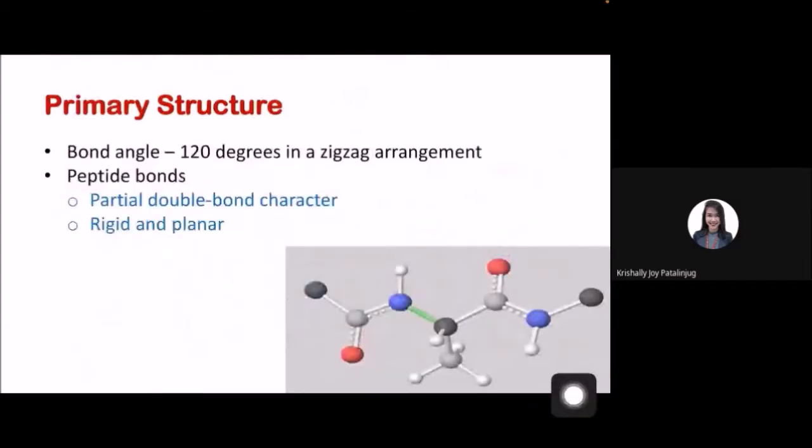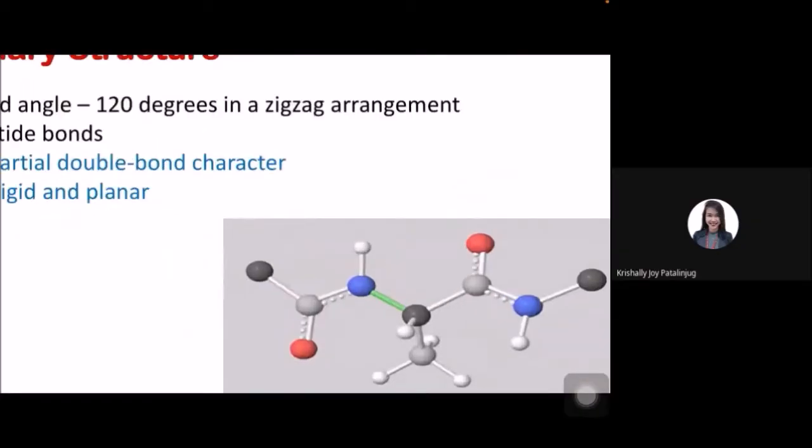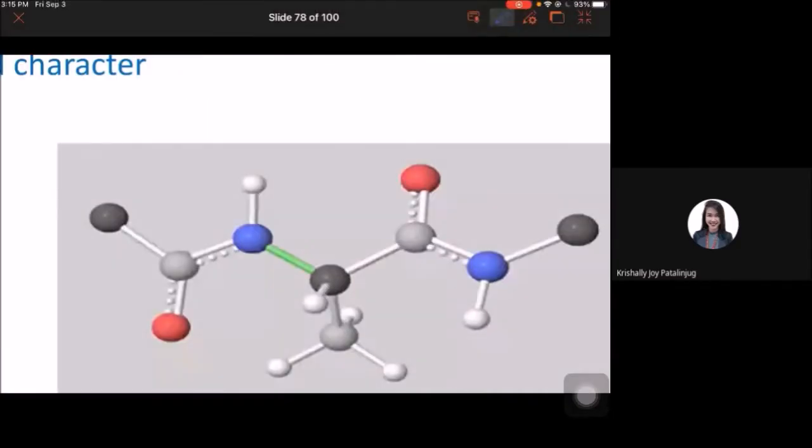On this figure, let me encircle the peptide bond again, with purple. The peptide bond is this one. That is the peptide bond, the amide bond, in this 3D representation.